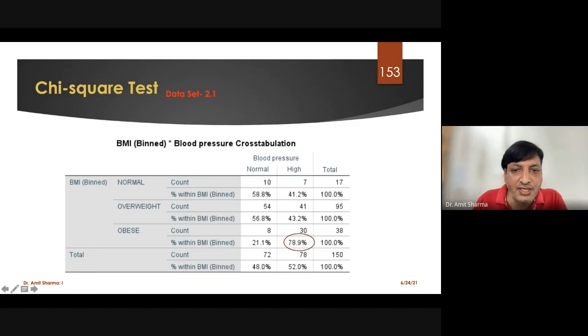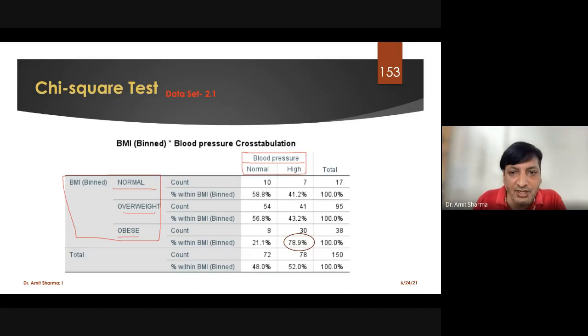As you can see, this is the second table, the BMI by blood pressure cross tabulation. In this test which I have applied, blood pressure is divided into two categories: one is normal and the second is high. And BMI is divided into three different categories: normal, overweight, and obese.